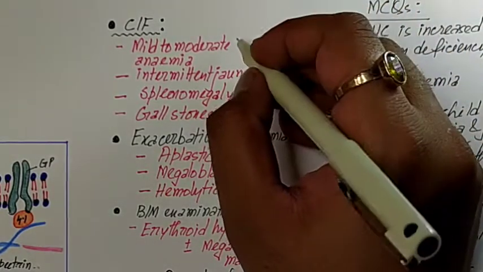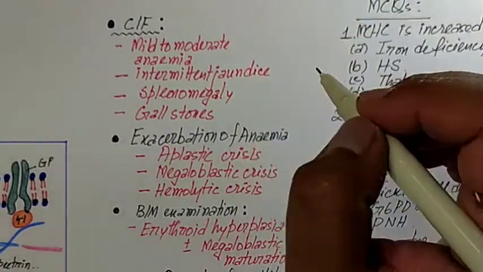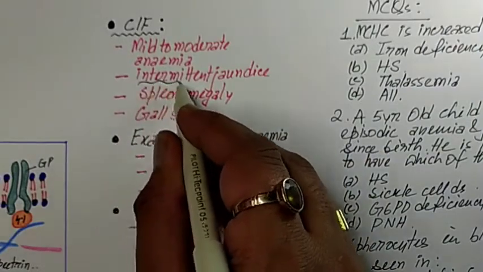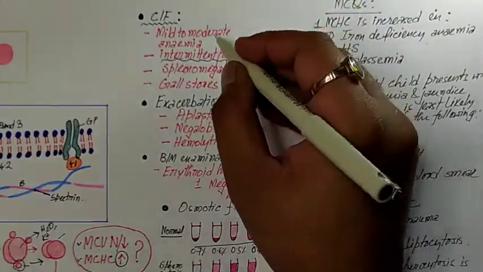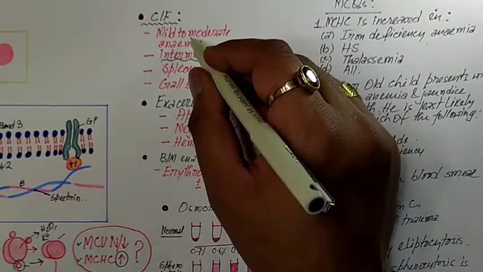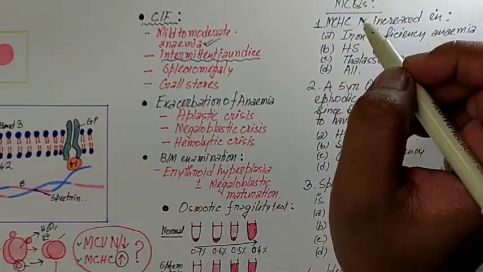So due to hemolysis, there is more production of bilirubin, and this bilirubin leads to intermittent jaundice in those patients. And due to destruction of the hemoglobin or RBC, there is a mild to moderate amount of anemia.